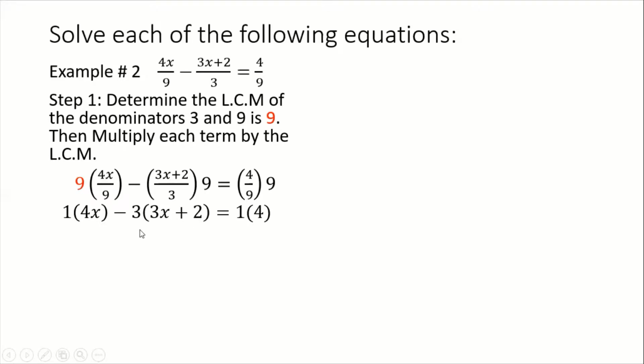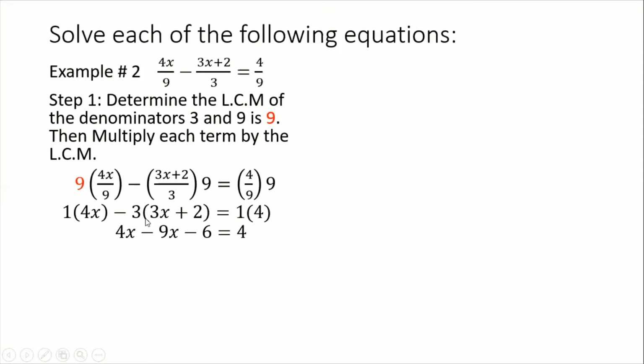We're going to apply the distributive law to remove the brackets and just simplify. So note here, 1 times 4x will just give us 4x. Here, when you're removing this bracket, you have to be very careful. You have to pay attention to this minus 3 and use it to multiply each term inside of the bracket.